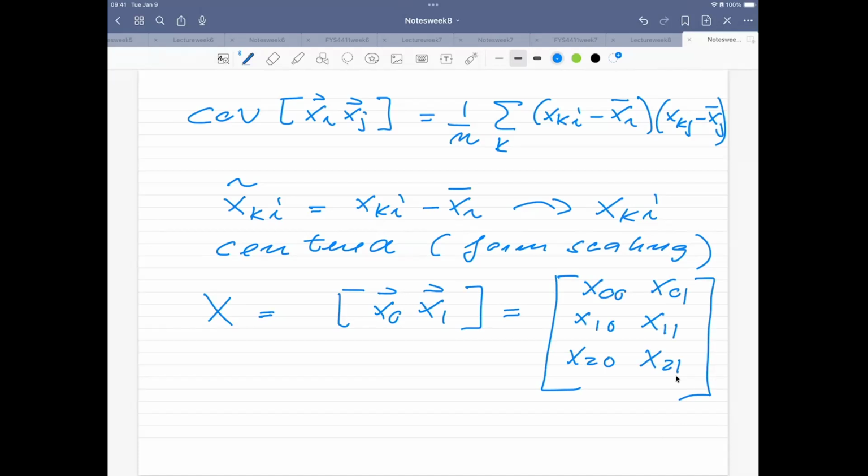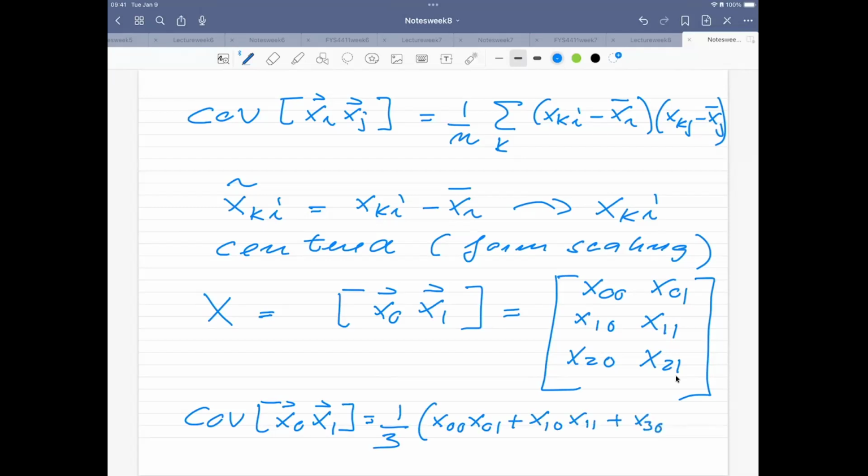Then, when we calculate the covariance of this quantity, I use that formula, which you have on the top here, of x0 and x1. This is going to be given by 1 over 3, because I have 3 data points in each. And when I just multiply here, I get x00 x01, plus x10 x11, plus x30 multiplied with x21.